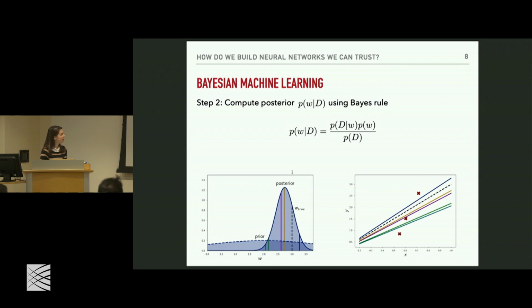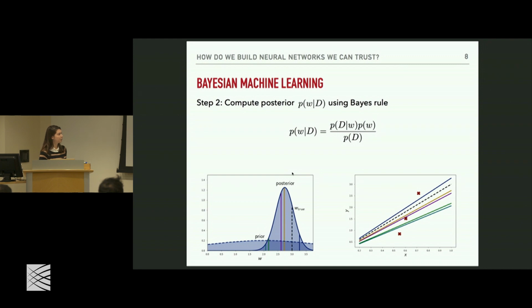So here on the left plot, we see that the prior distribution was pretty much uninformative and very flat across the region of these values. And after we observed just a few data points, our posterior distribution is pretty well concentrated around the true value of w.